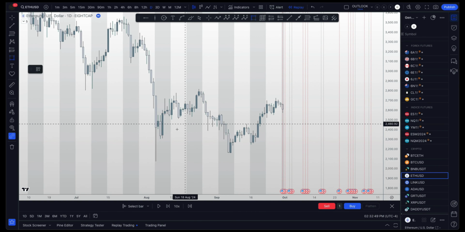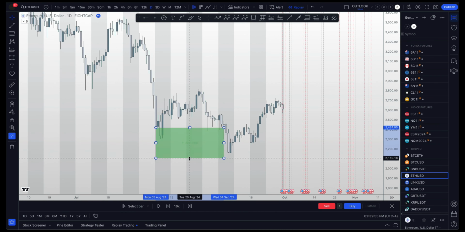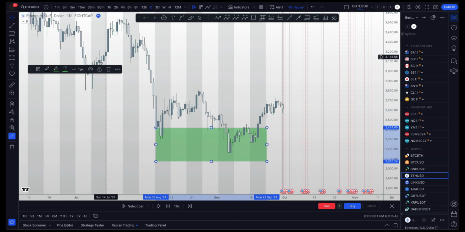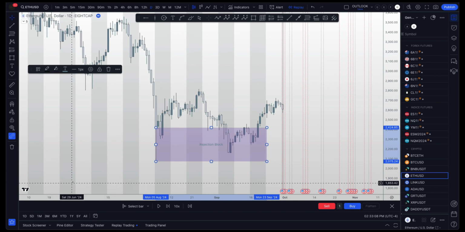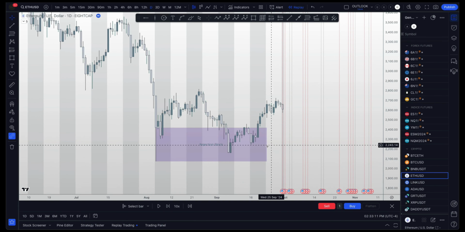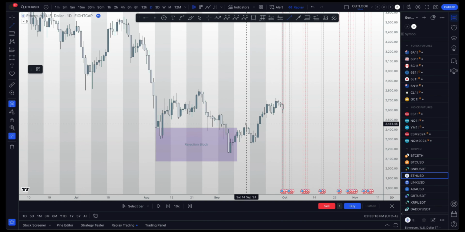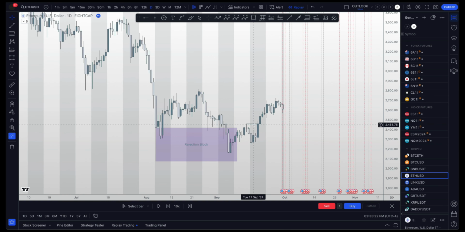So we are on Ethereum USD. Now, as you can see here, we are going to mark up this area right here. Now, I don't typically trade Ethereum, but just for this example, we are going to mark up some of the things that I see here. So we had a rejection block here. Okay, let's see, we had sort of a change of character there, I guess.